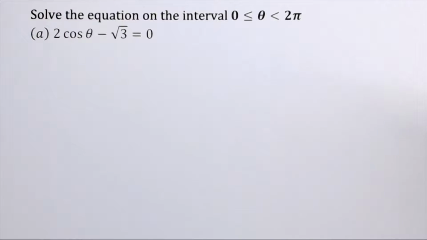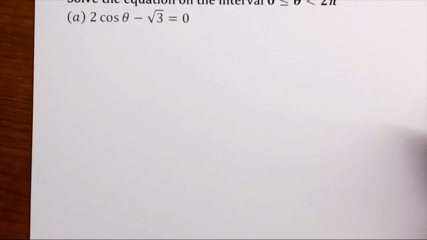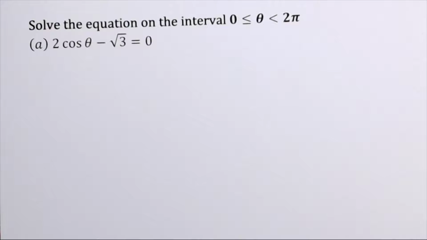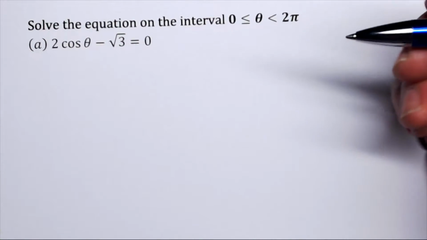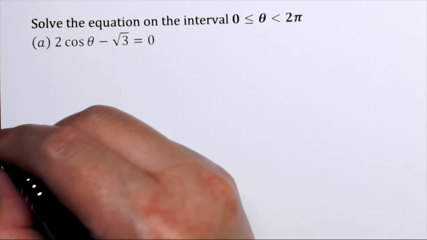On this question, we have a couple of problems about trigonometric equations, one with cosine, one with sine. Whether it's cosine or sine, we just need to get that function by itself first.